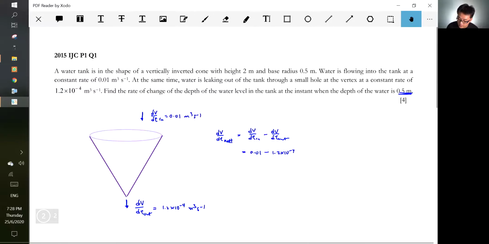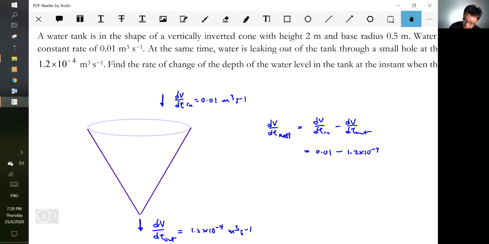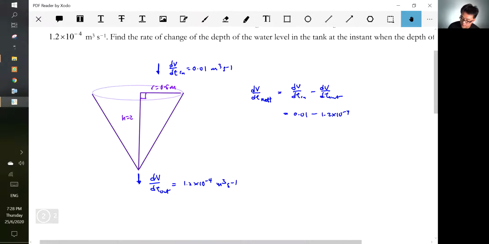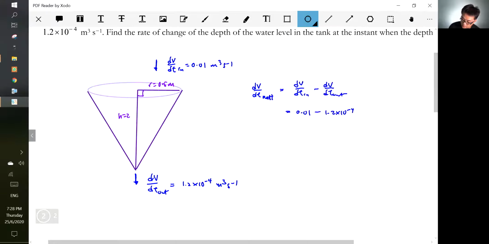Then what you want is the height is 2 and the radius is 0.5 meter. So in other words, you are looking at the water here, like that.